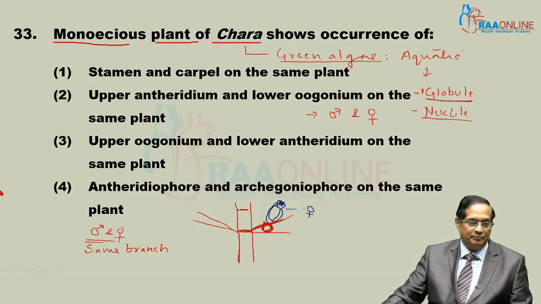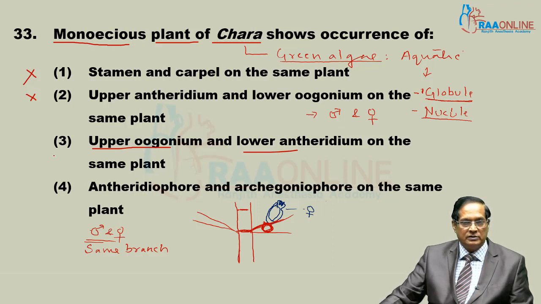So let's see the correct answer. Stamen and carpel are not found in Chara. Upper antheridium, lower archegonium, same plant. This is also wrong. Upper oogonium or nucule, lower antheridium on same plant. This is absolutely right.